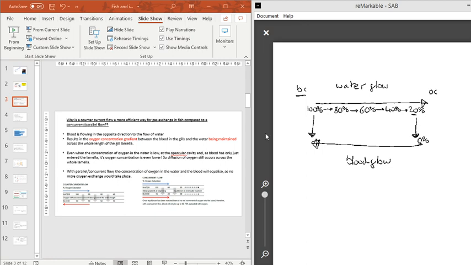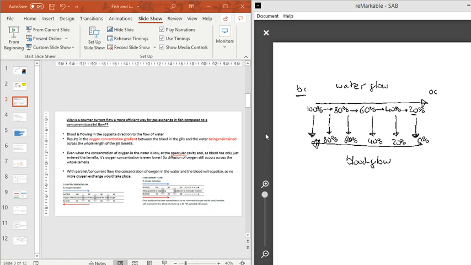So obviously, as more and more oxygen gets into this system, this will increase, that's supposed to be 60. More and more oxygen gets into the blood flow. At every single point, there is a concentration gradient. It's not necessarily a really steep concentration gradient, but it is a concentration gradient. So along that gill filament, along the lamellae, virtually all the oxygen that was in the water will be able to diffuse into the blood and into the fish.